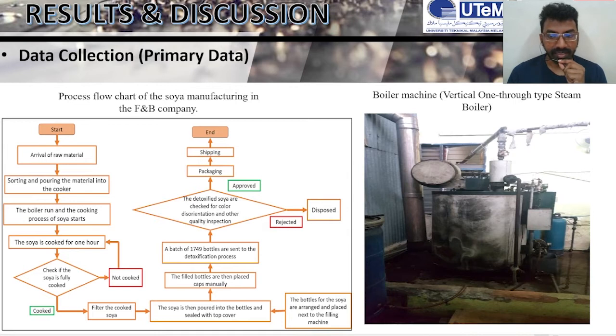Soya liquid is then bottled, detoxified and packed for delivery. The image next to the flowchart is the selected equipment, which is the vertical one-through type steam boiler, which has a capacity of 142 PSI with a maximum temperature capacity of 180 degrees Celsius.